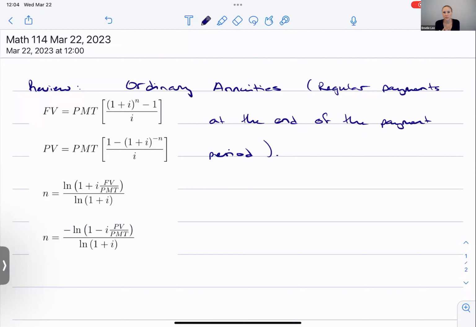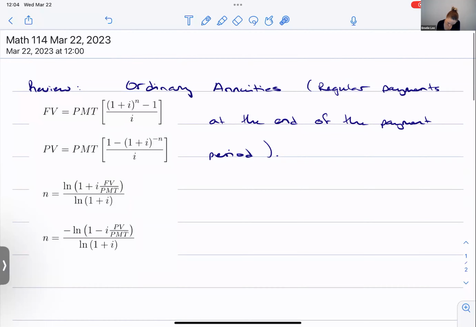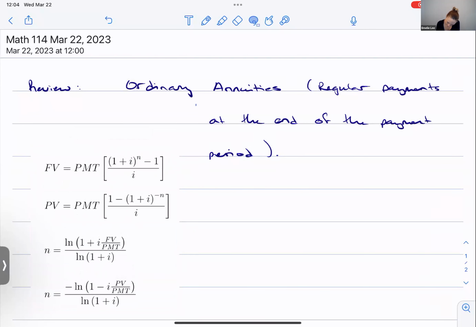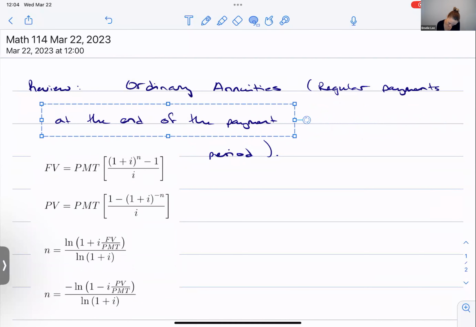So we've seen questions that highlight, okay, at the end of each month or at the end of each week, and so then you have these ordinary annuities, they're called. Let me clean this up a little bit.